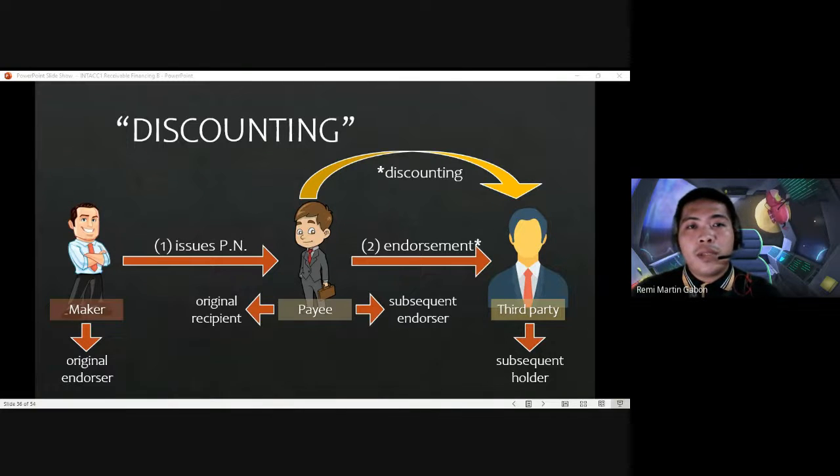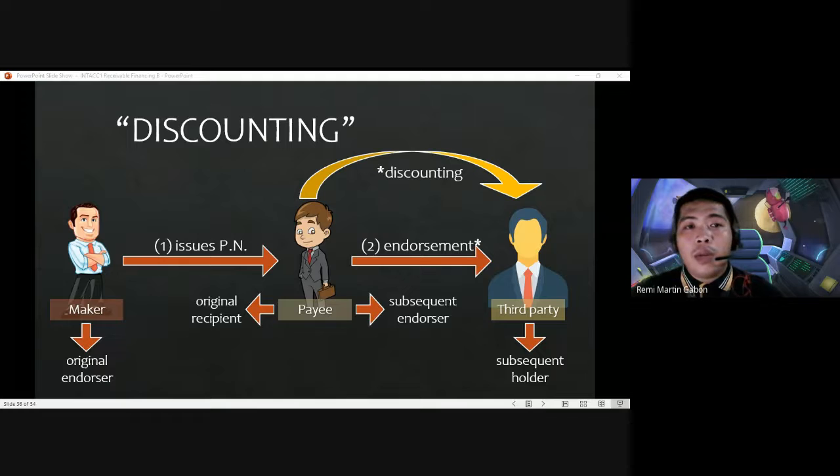It is a normal transaction between the maker and the payee, meaning it is the original transaction. The maker is the one who issues the promissory note, and the payee is the original recipient of the promissory note.